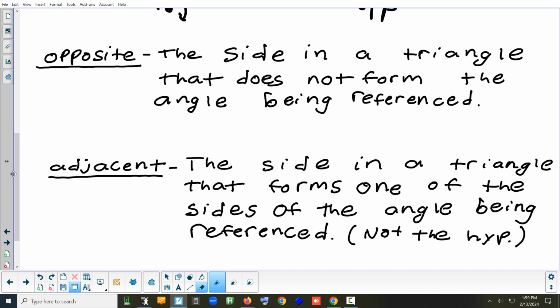All right, so now, using those three words, opposite, adjacent, and hypotenuse, we can write the 6 definitions of the trig functions.